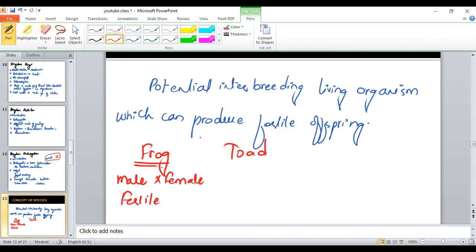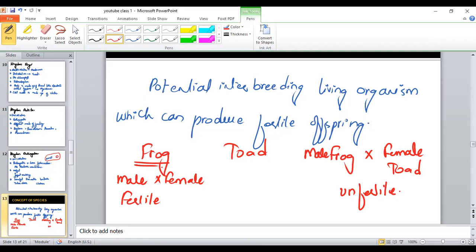But let's suppose a male frog and a female toad start reproduction. When they reproduce, they will produce infertile offspring. Infertile offspring means this offspring could not extend their generation. So although they closely resemble each other, frog is a different species, and toad is a different species.